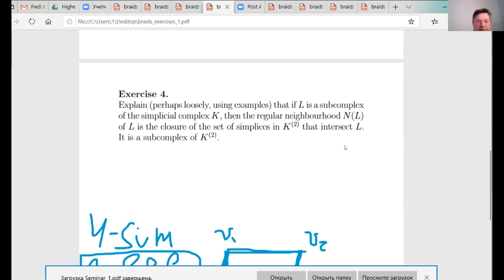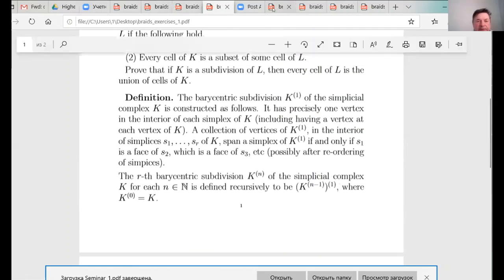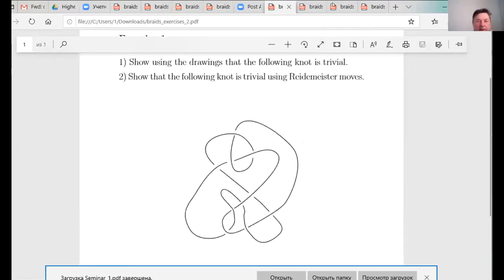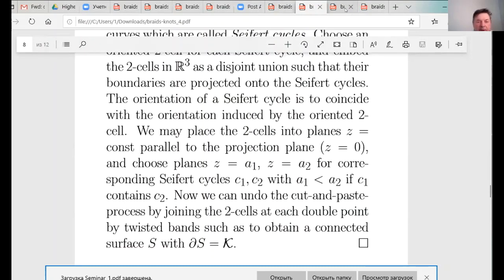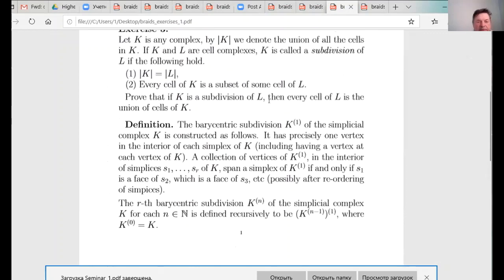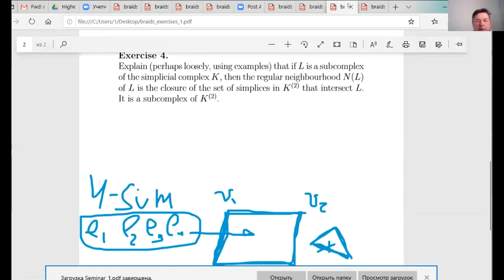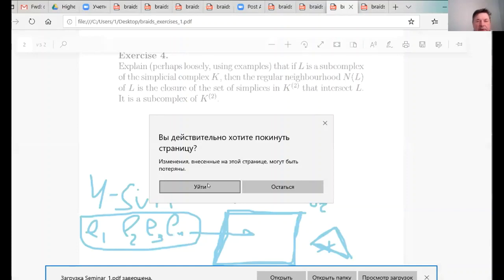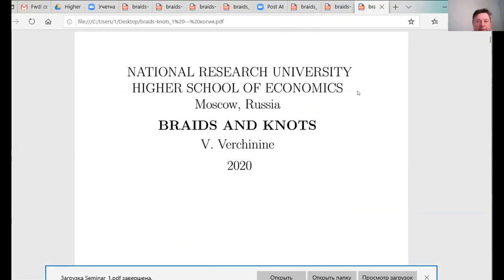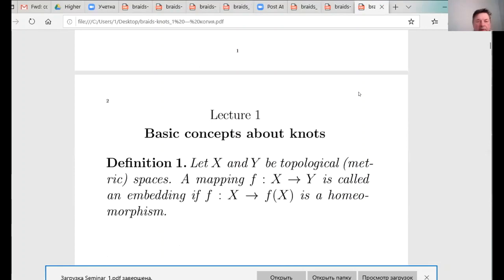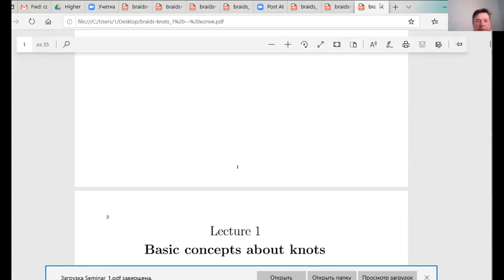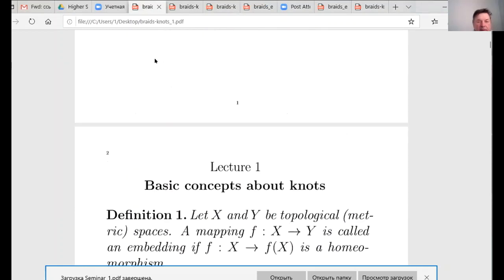Oh, this is terrible. No, this is exercises. No, I'm sorry. Where is it? No, this is a new one. What's this? This is again our exercises. Sorry. And this is lecture 1. We don't need it. Again, lecture 1. No.